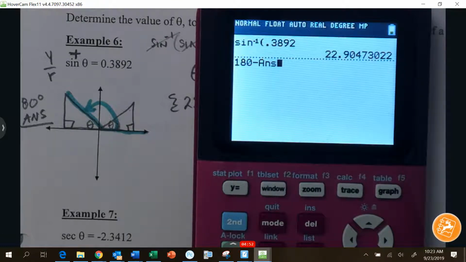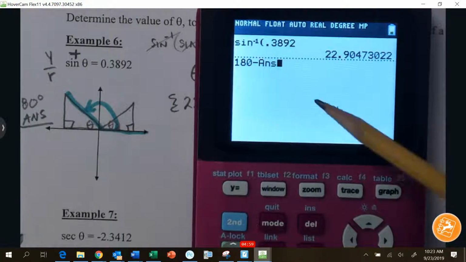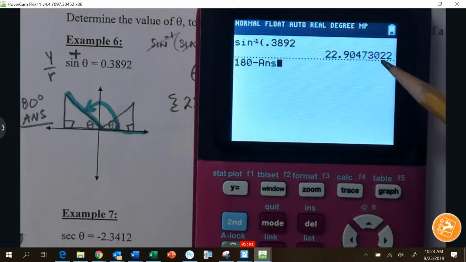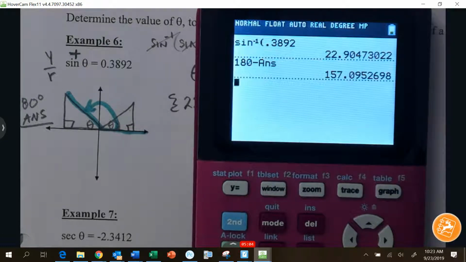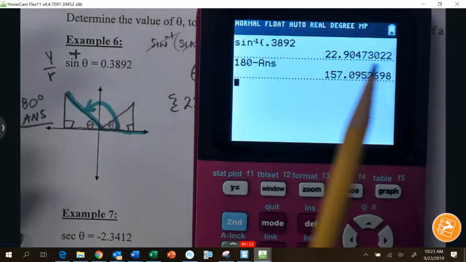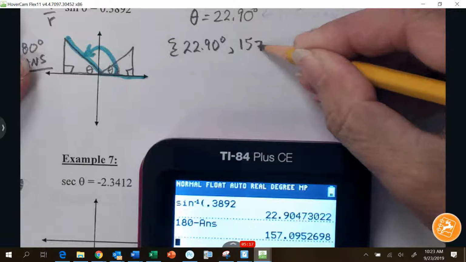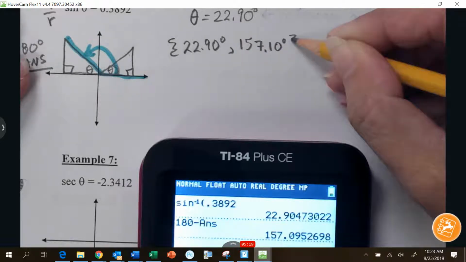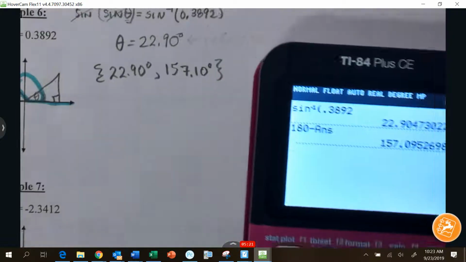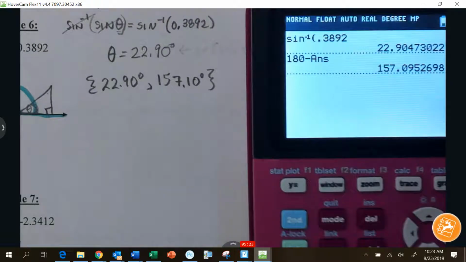Katie, do you have a question? Okay. So it's only going to work if that's your last answer. And I get 157 point, how do I round this correctly? 10. So we have our two answers.